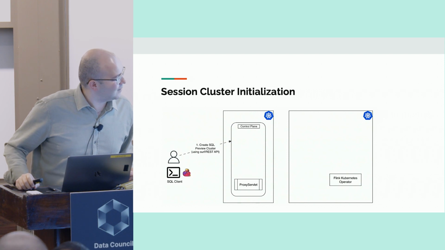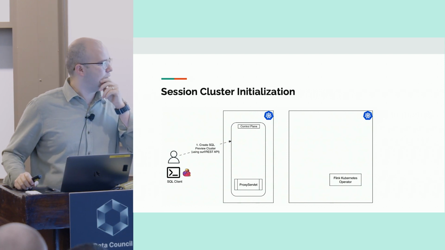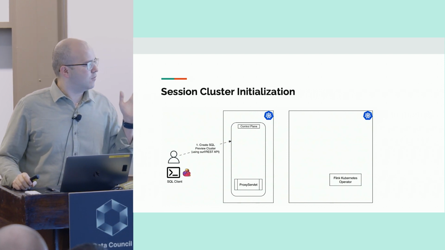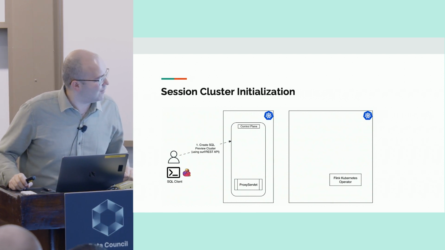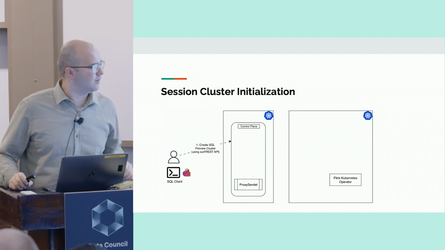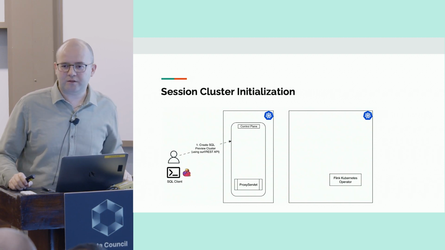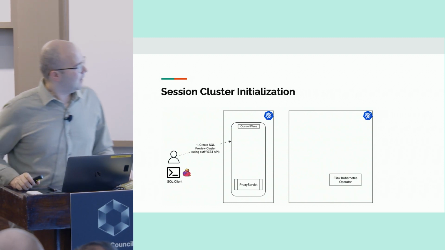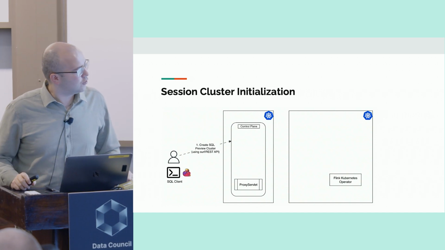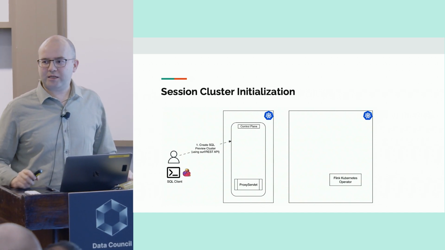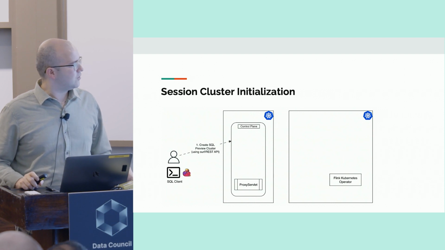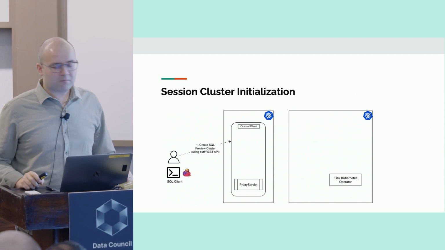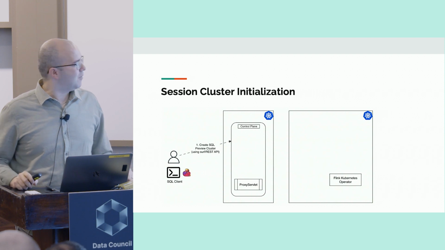You usually want to deploy one control plane for your cloud provider account, and then you might have many Flink EKS clusters. In each cluster, you need to have the Flink Kubernetes operator deployed, which will manage the end-to-end lifecycle of your Flink pipelines.